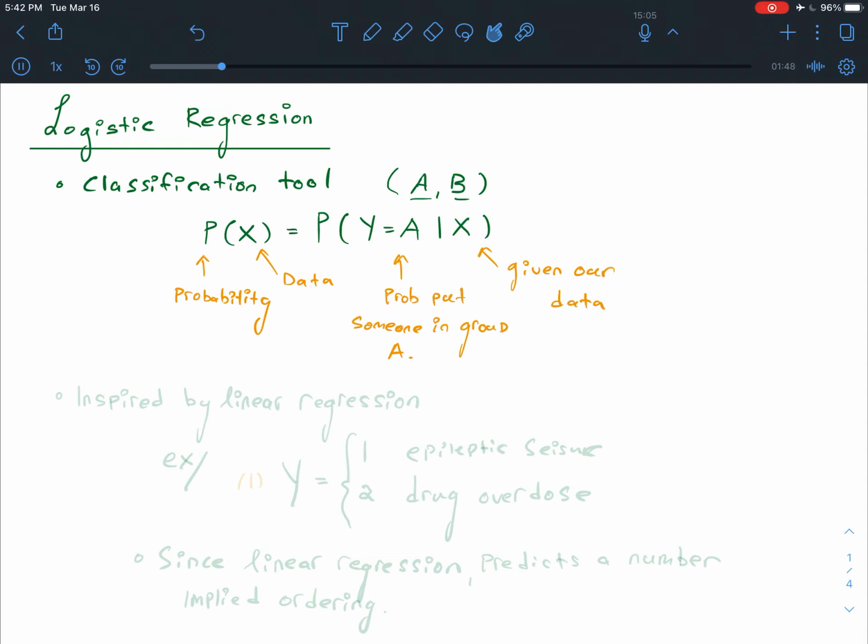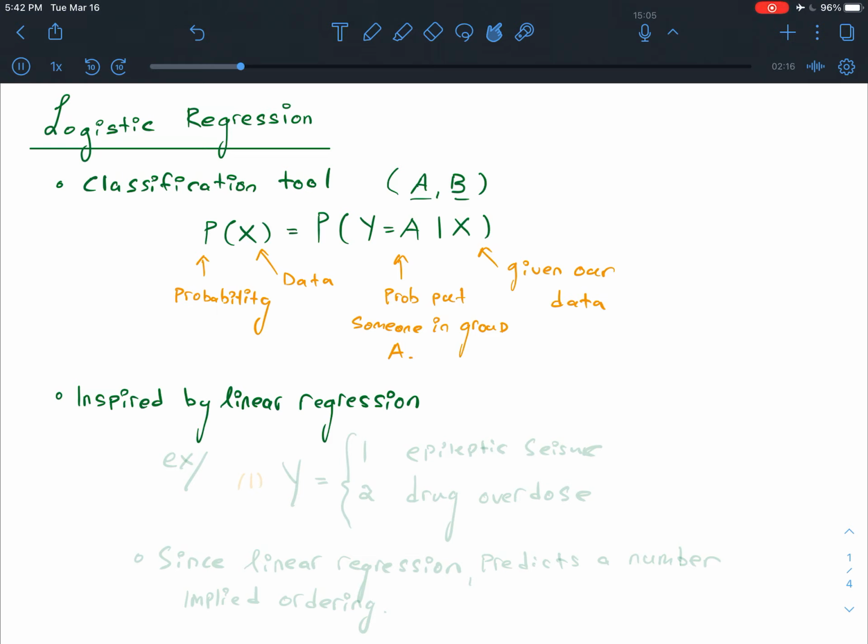The idea is if we can model this really well, then we can have a really good classification tool. Now, as we discussed in class, logistic regression is inspired by linear regression. But as we discussed, linear regression is not a good tool for classification.